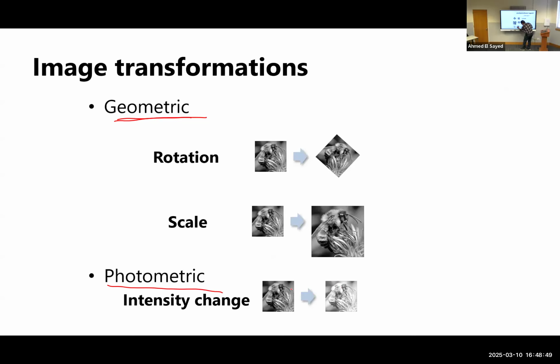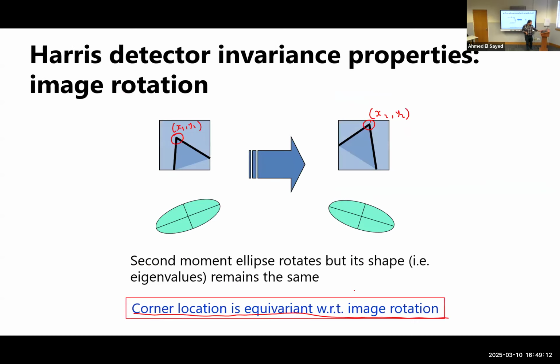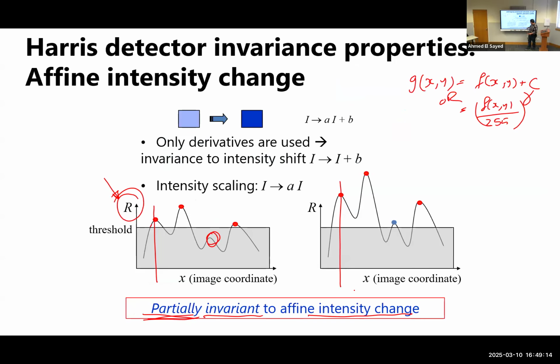If it's here, then it's here. No change. The location is the same. So the corner exists and the location is the same. The location is equal for both images. That's why it's invariant. But if the corner vanishes, then it's not invariant. That's why we are saying it's partially invariant for the intensity change. So this depends on the case of your adjustment.